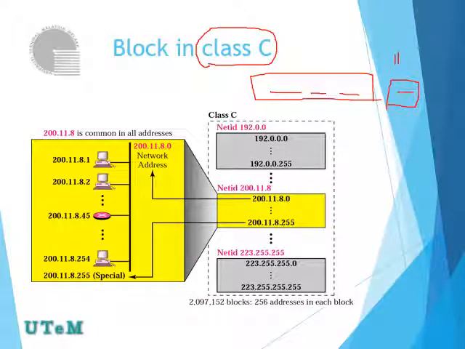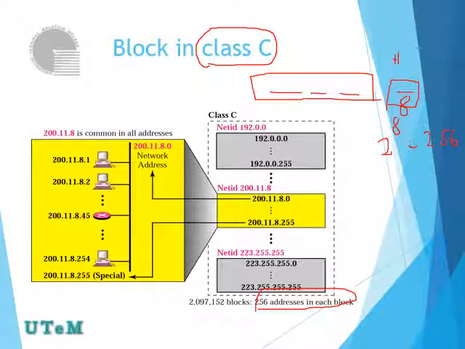That's why the size of the block is very small, because only 8 bits are in the host portion. 2 to the power of 8 equals 256. So each block in class C contains a small number of addresses.